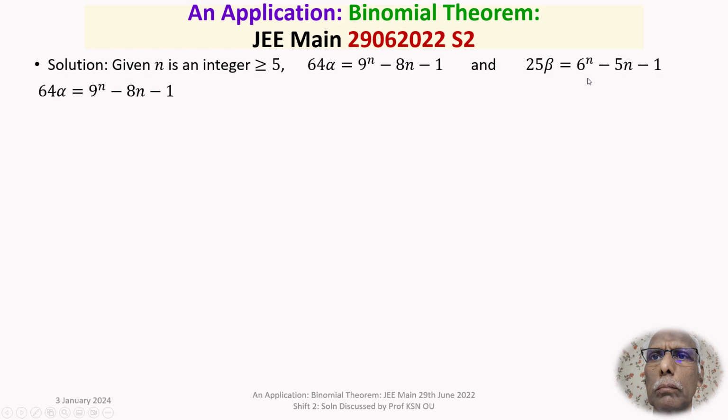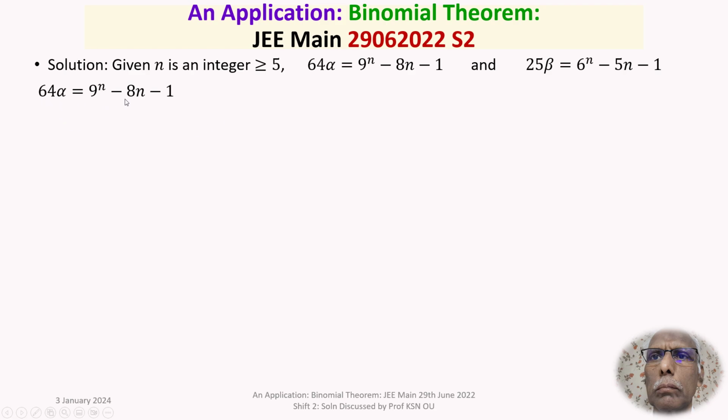Then you will get powers of 5. So in the answers we see the powers of 8 minus the powers of 5 are appearing. Therefore, this may be the possible way of working out this problem.